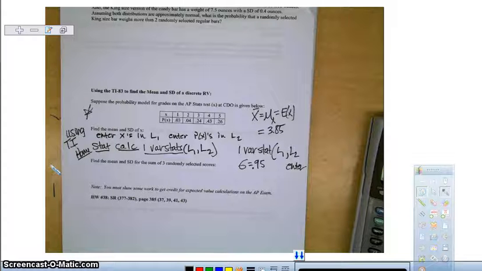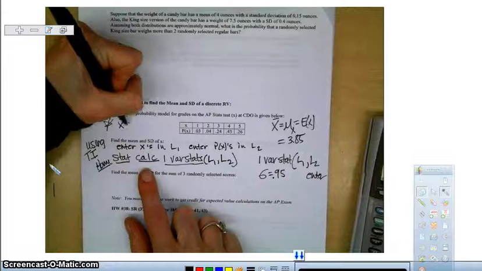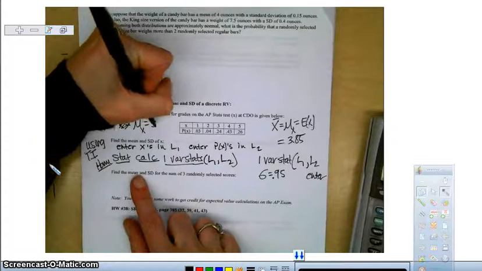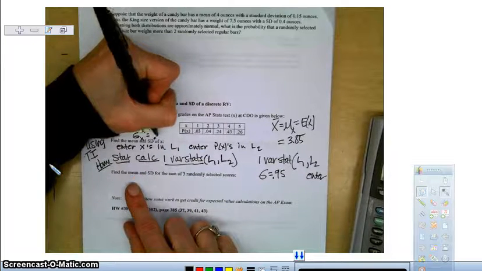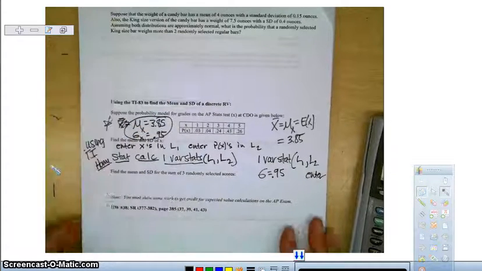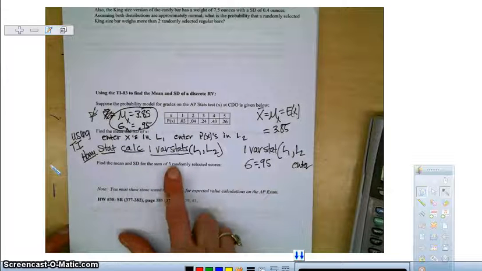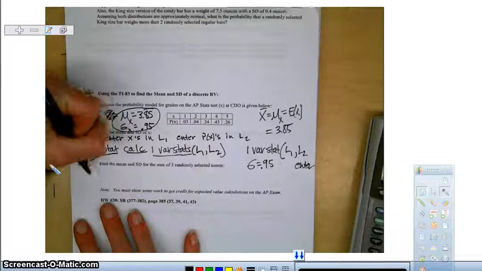So now I know that this distribution has mu of X of 3.85 and a standard deviation of X of 0.95. I can now use that to find the mean and standard deviation for the sum of 3 randomly selected scores. So now we're going to combine random variables. What's my new variable?